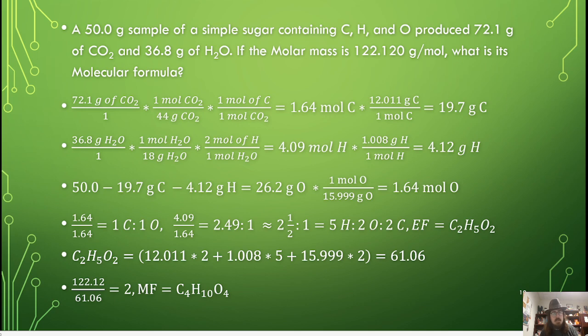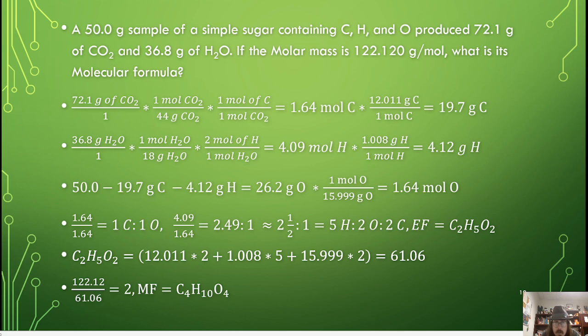Same process, we're turning grams of CO2 to moles of carbon, and grams of H2O to moles of hydrogen. However, in addition to that, we are converting them back into grams of carbon and hydrogen so that we know how much oxygen is present.